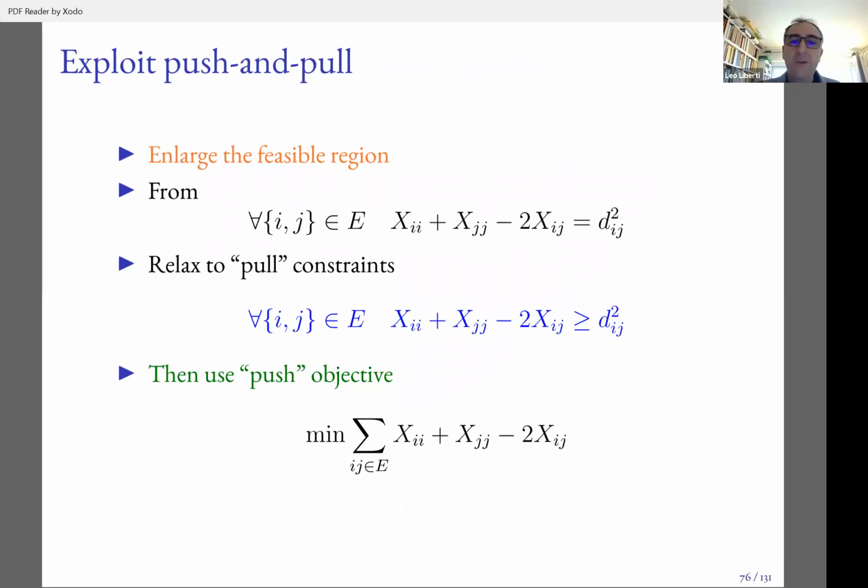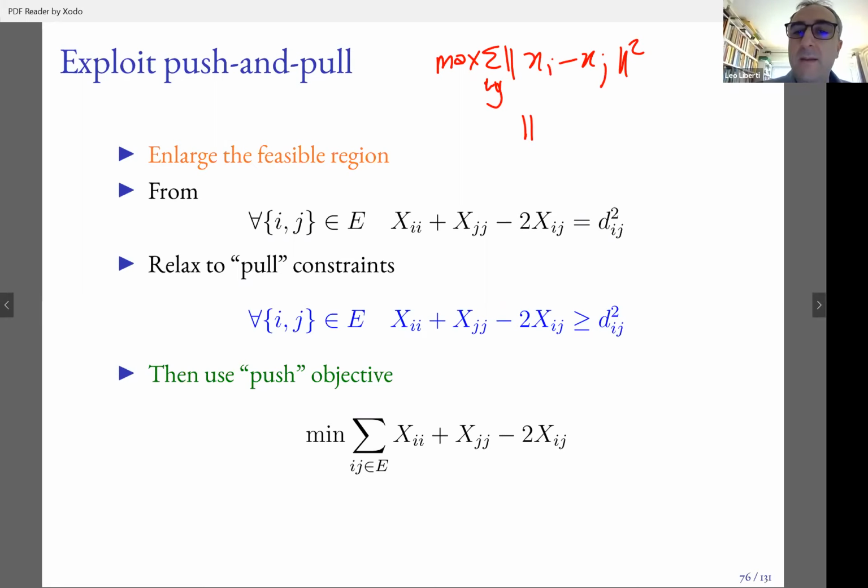Well, if we use the push and pull objective, I'll remind you that this came from a maximization of the sum over all the edges ij of (xi minus xj) squared, and this would pull xi and xj apart.